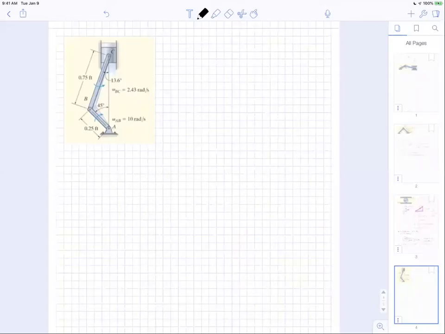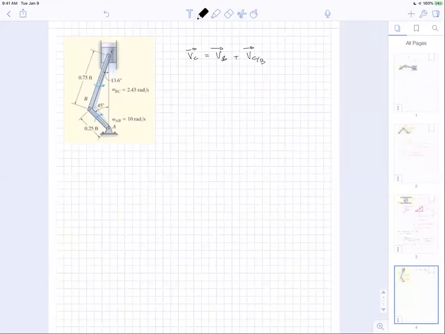So this last problem is probably easier to do using relative velocity, but we'll solve it both ways and see if we get the same answer. In this case, we know that the velocity of C is the velocity of B plus the velocity of C relative to B. What do we know?